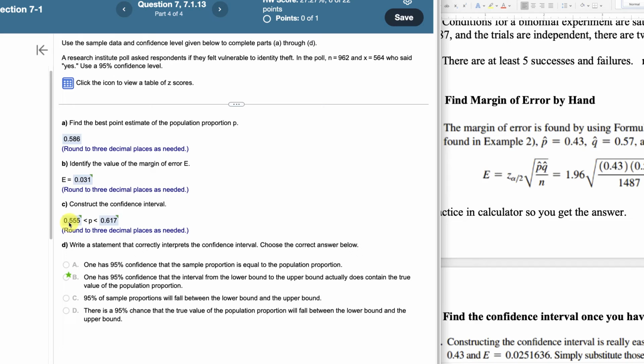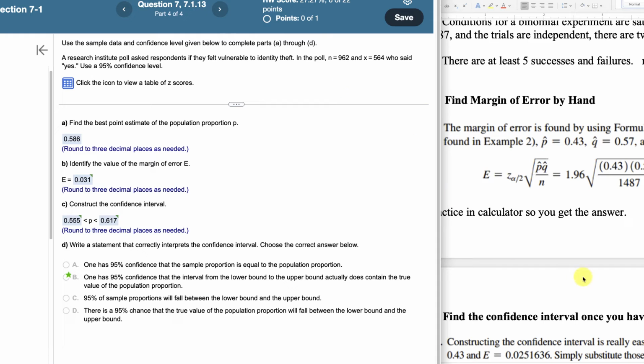Because look, 0.55 and 0.61 contain the point estimate. So out of the samples that we take, 95% of them will contain the true value, which we don't know. That's what we're saying. And this one contains the best point estimate. Okay?